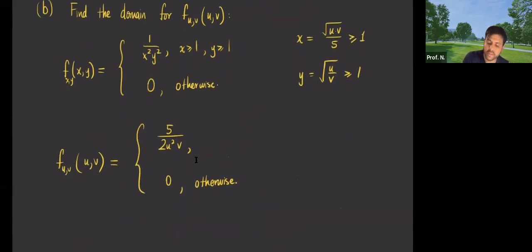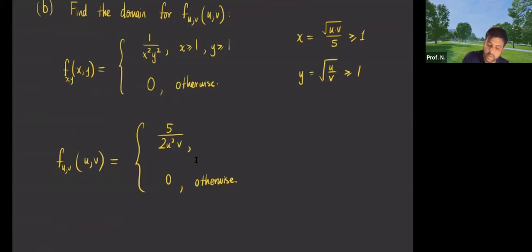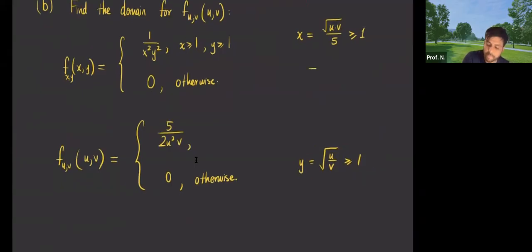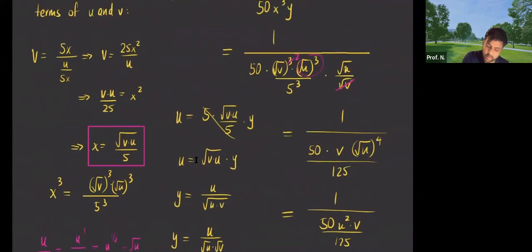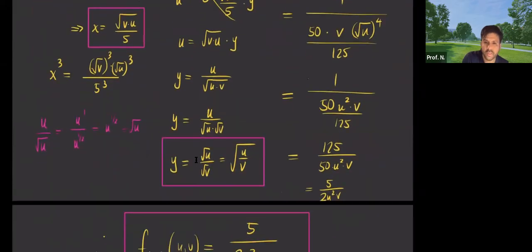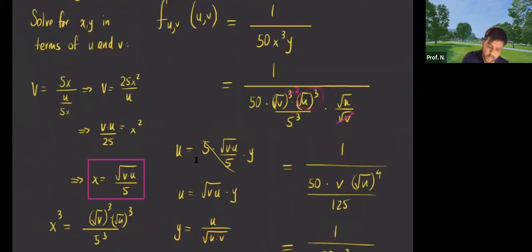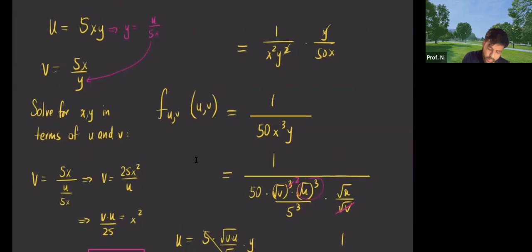So we had these inequalities. If we study them a bit more, what information can we get from them? Well, we can get that the square root of uv over 5 is greater than or equal to 1. Let me just see, hold on.